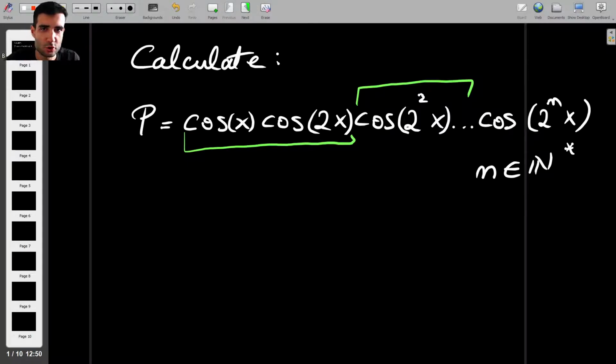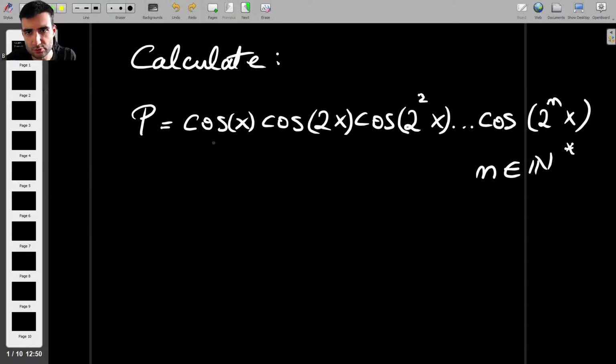But because of this geometric progression, things are not going to become simpler, okay? And another thing you might try is grouping the terms, the first with the last, and then the second with the second to last, and so on. But it actually turns out that there's a relatively simple way of doing this.